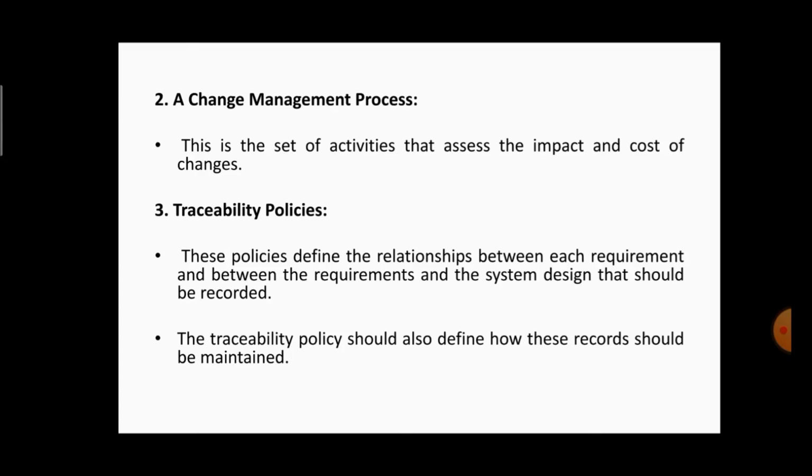The traceability policy should also define how this record should be maintained. So you should maintain a file of all the requirements of your software. Getting guys? So when all the requirements of the software are recorded, if any requirements are repeated, you can come across them and delete the repeated requirement.